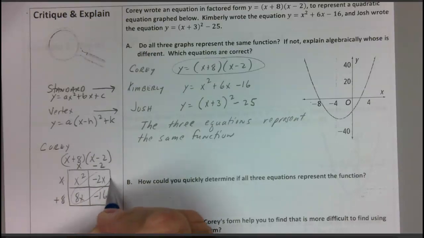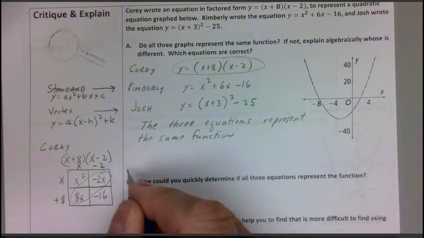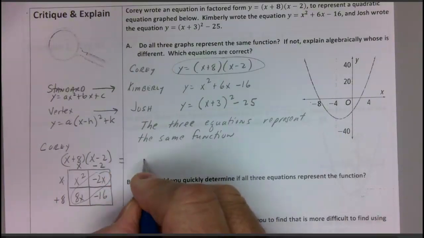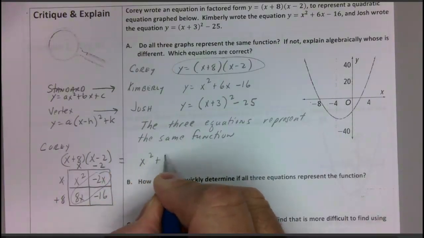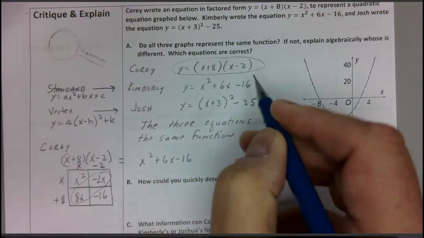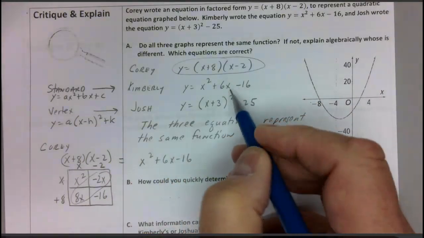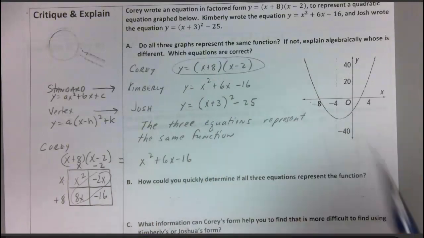And we're able to combine those two. So when we do that, we end up getting x squared plus 6x minus 16, which is the same as Kimberly's, okay?